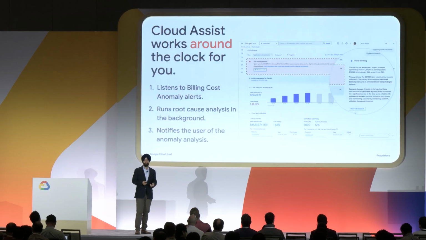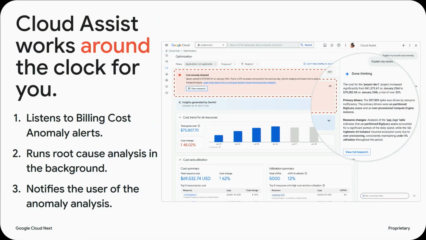So let's see how this is all going to work. What if you didn't even have to ask about this in your workflows? What if Gemini Cloud Assist could be a step ahead and give you all this information proactively without you even having to ask?